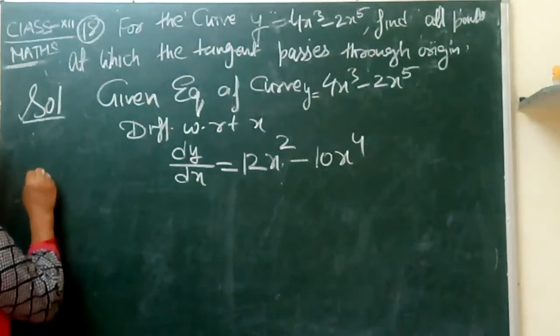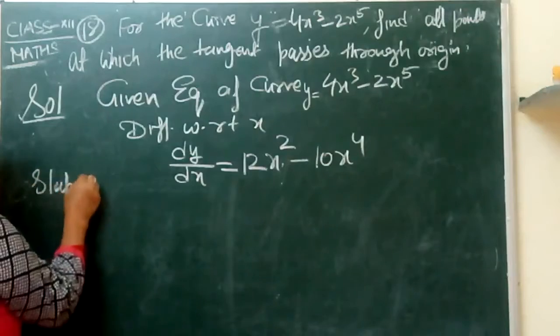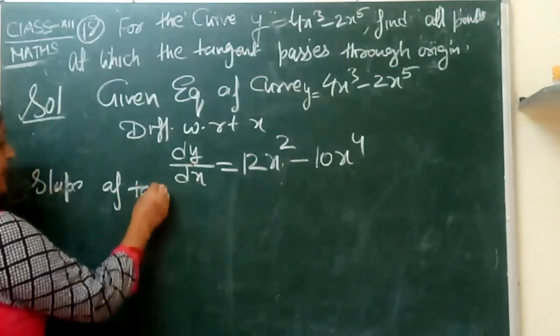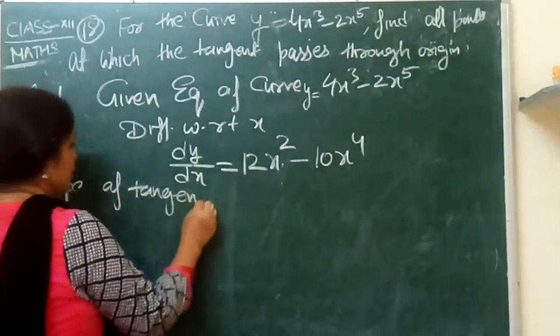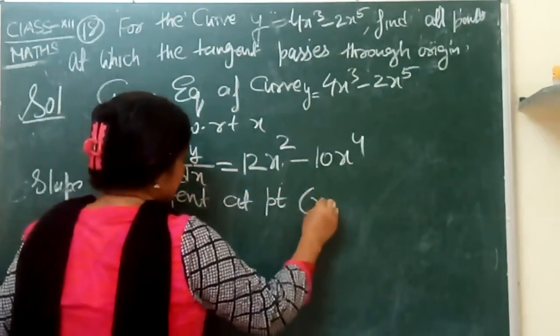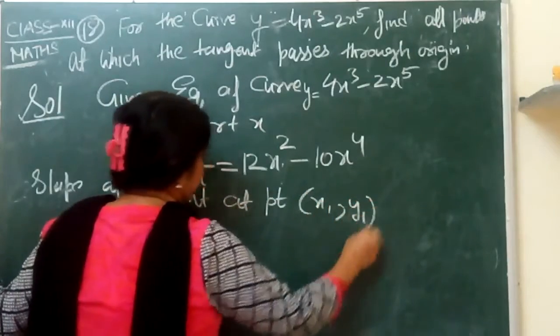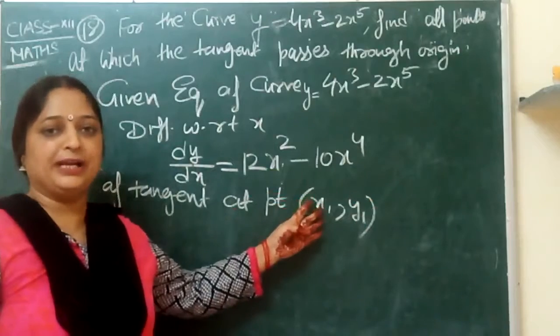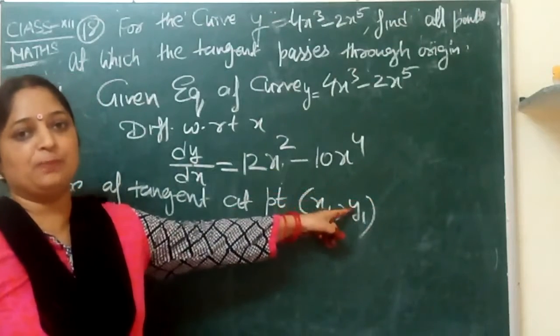Now slope of tangent, this is slope of tangent dy upon dx. Slope of tangent at point x1 comma y1. A point is not given and we have to find out the point. Let the point be x1 comma y1.